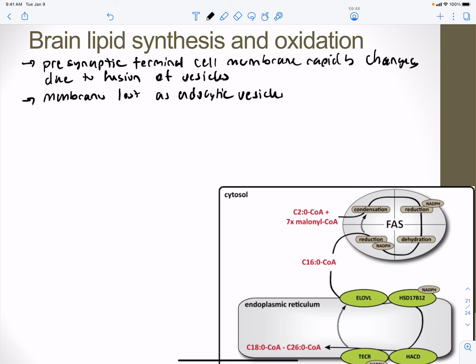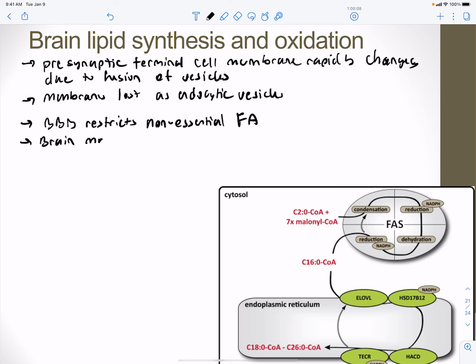The blood-brain barrier is going to restrict entry of non-essential fatty acids, and therefore the brain is constantly synthesizing lipids. So it's going to have to form fatty acids, glycosphingolipids, phospholipids, all of those.